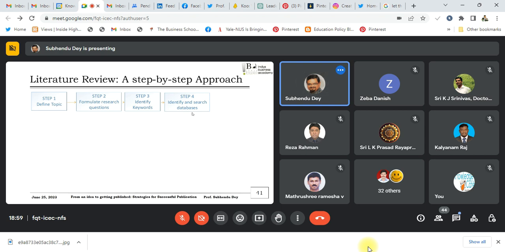It also depends on how much time you have. You obviously do not have a whole lot of time to keep searching, so you'll have to look at the time availability and the resources you have in hand to do the database searching.